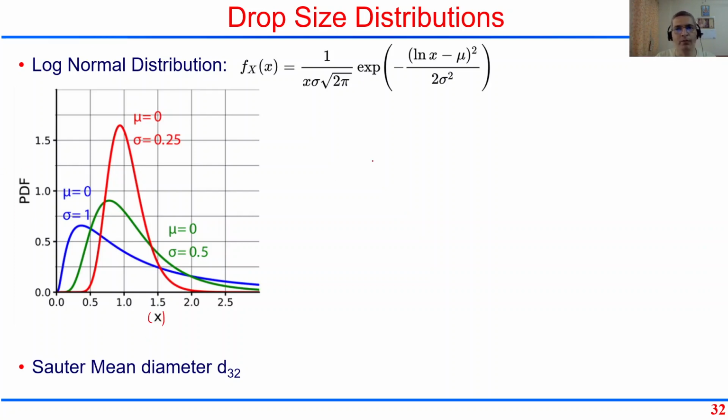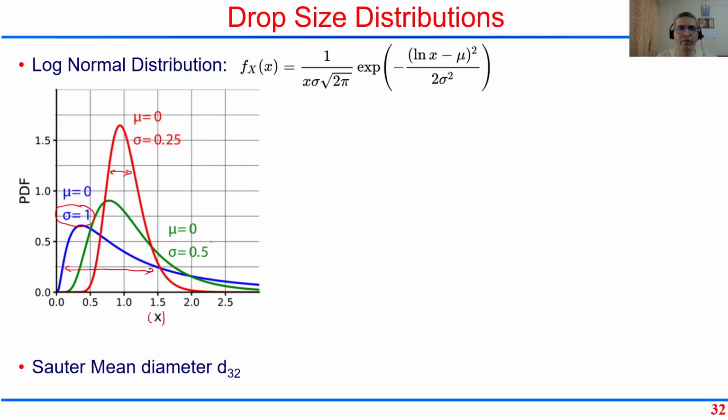So this is how the number distribution of the drops looks, whether it's the red curve, the green curve or the blue curve, depending on how widely spread the distribution is. If the drops have a very narrow spread, then it will be like this red one. If the drop sizes have a very wide distribution like this blue one, then the spread would be large.